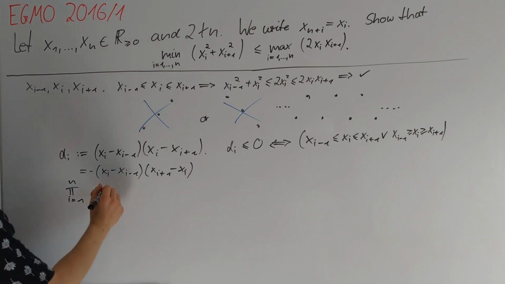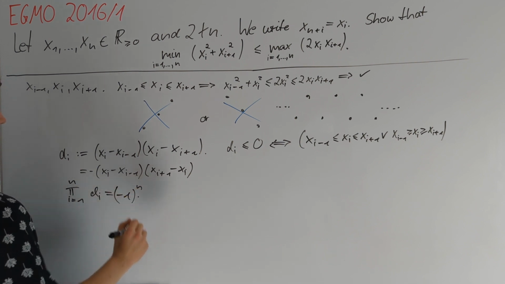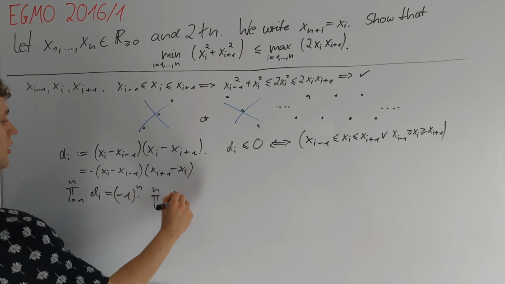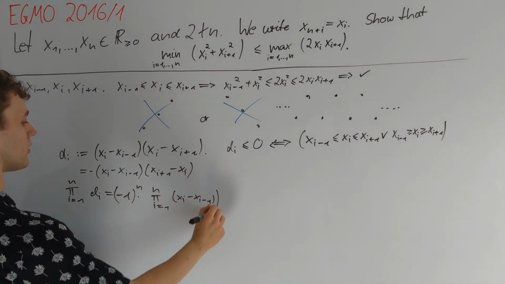So all of this is equal to (-1)^n times the product for i going from 1 to n of (x_i - x_{i-1})².